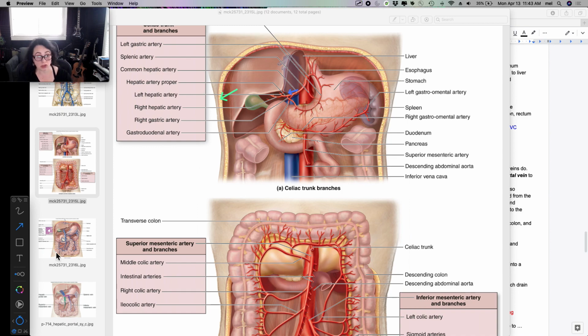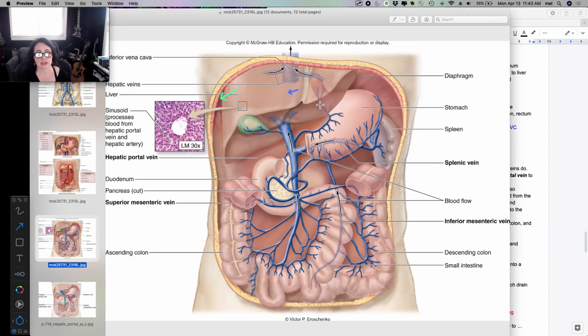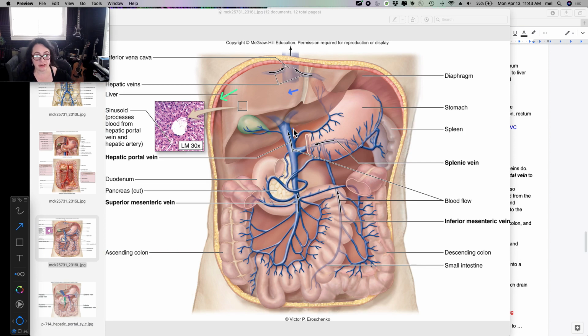But the liver also gets venous blood through the hepatic portal circulation. It needs systemic arterial blood because it needs high levels of oxygen. It's got work to do. But its work is in part cleansing the blood that comes through the hepatic portal circulation. So let's look at what's actually going to happen here.